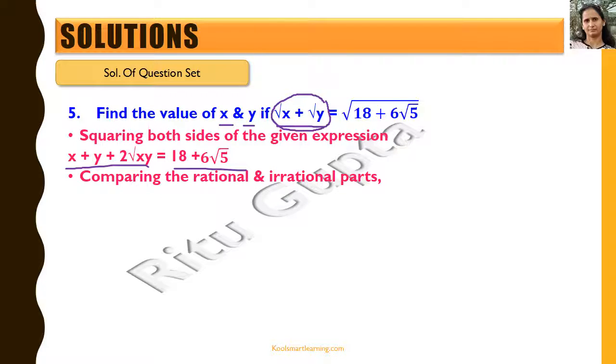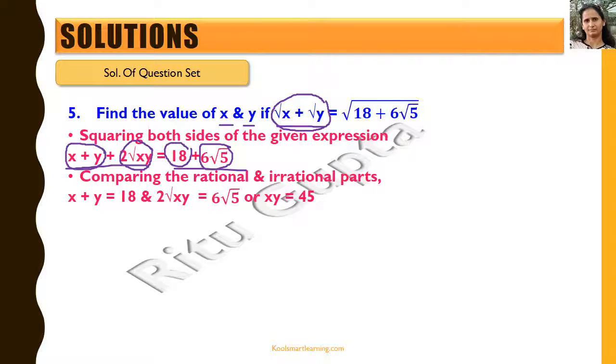Now we compare the rational part of the equation on the left hand side with the rational part on the right hand side of the equation. So we say x plus y becomes 18, and the irrational part, which is 2 root xy, becomes equal to 6 root 5.